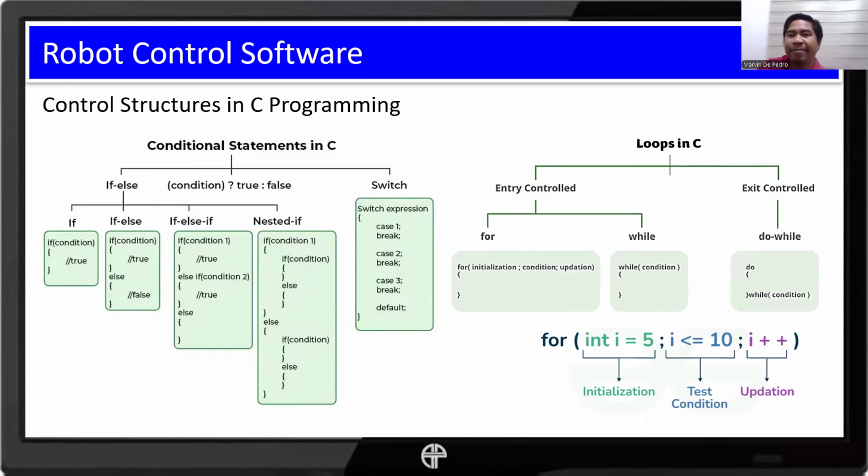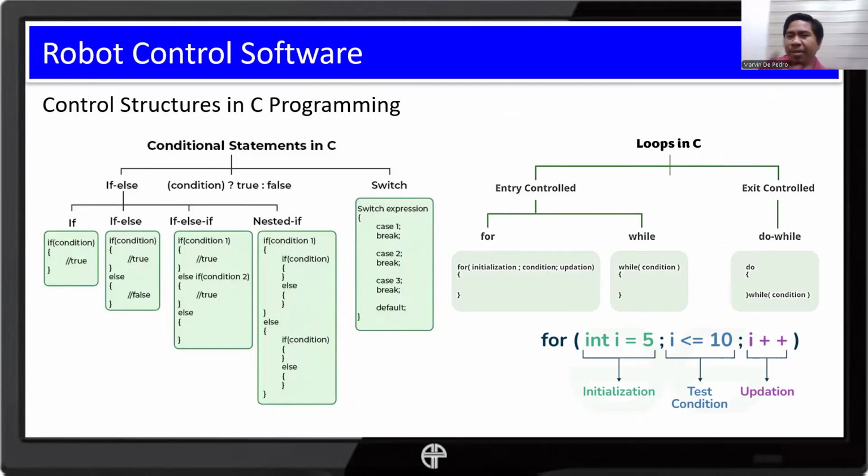And the last part of the for statement is the updation. Normally we increment, or sometimes we decrement the value of our i. When we say increment, for example, if we started with 5, then for the next loop, i will become 6. We add 1 in each iteration.